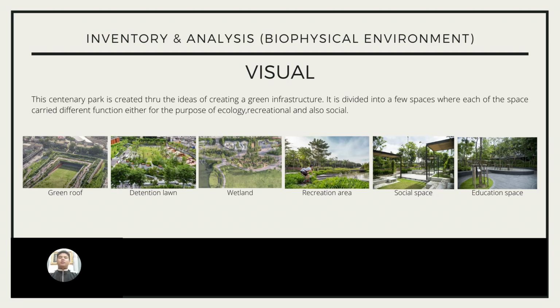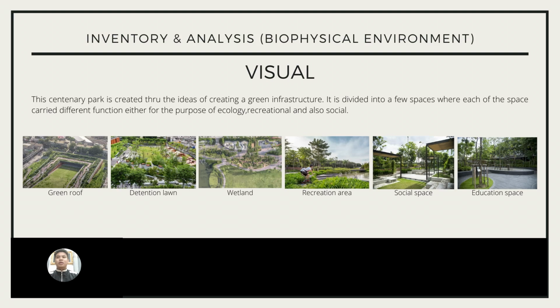Ecological processes tend to reveal themselves in certain visuals. That is why in this Centenary Park, the visual study is carried out through photographs taken from specific angles and spaces in this park. For today, we have about 6 spaces that are the visual representatives of this park.